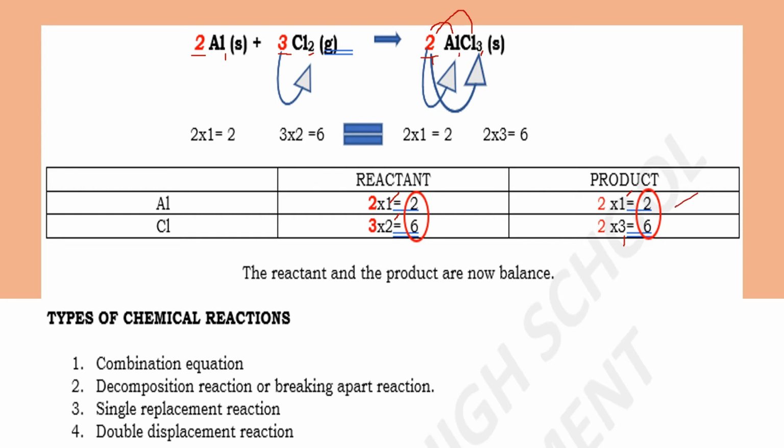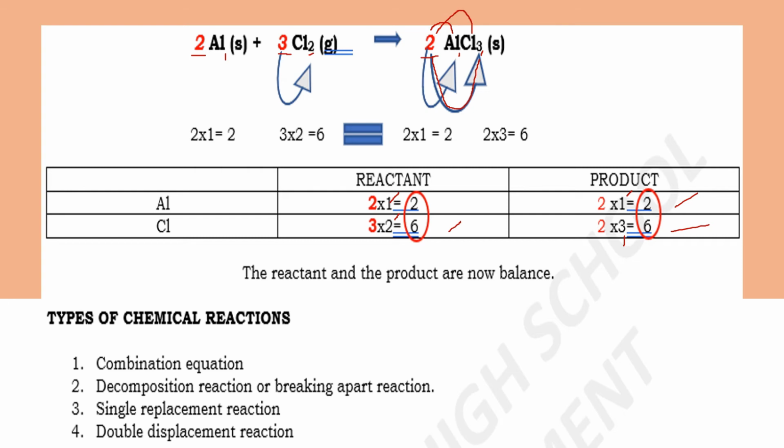And 2 times 3 from Cl is 6. How about in the reactant side? So originally, you have 2 for Cl, and then you put a coefficient 3 just to balance the chlorine in the product and in the reactant side. So 3 times 2 is 6.